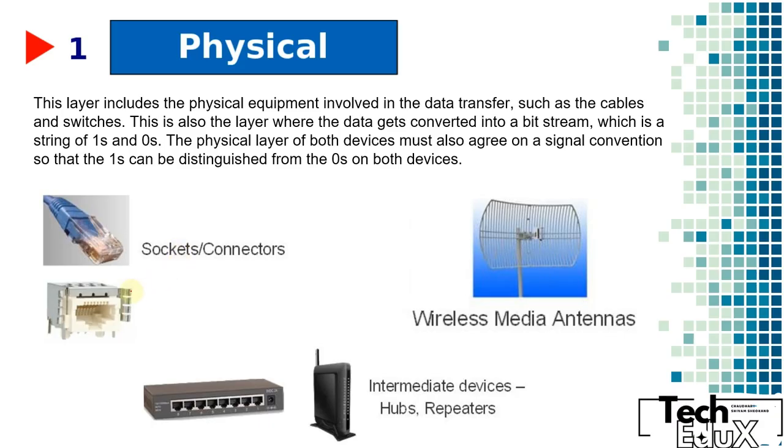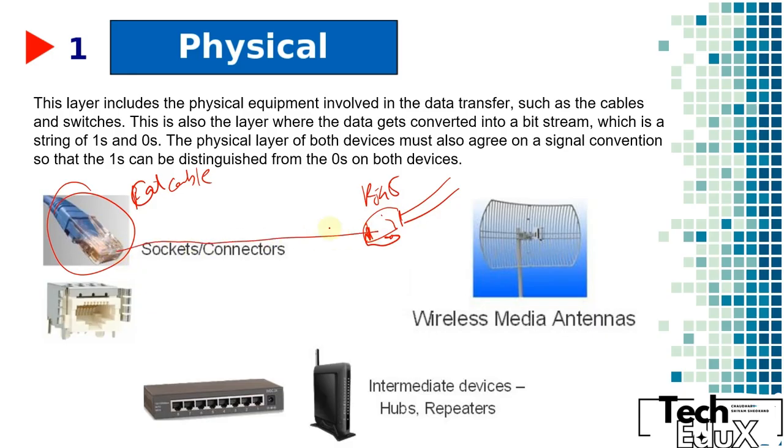If this RJ45 cable, or sorry, CAT cable, and let's suppose I have another CAT cable that I created, RJ45. Let's suppose whatever the data is transmitted, 10101010, for example, this is written A. Whatever data is converted into bits and binary will move over these physical cables.